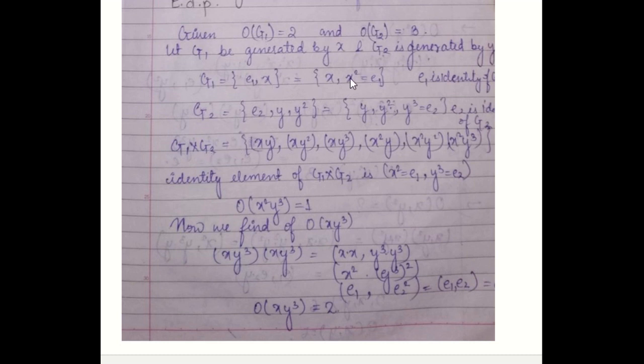Now we consider how many elements are there in G1 cross G2. Since G1 has X, X squared and G2 has Y, Y squared, Y cube, it has elements: first we take the product of elements of G2 with the first element X. So we get XY, XY squared, XY cube, X squared Y, X squared Y squared, X squared Y cube.